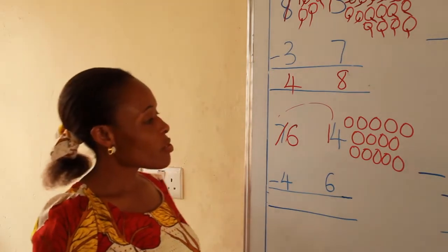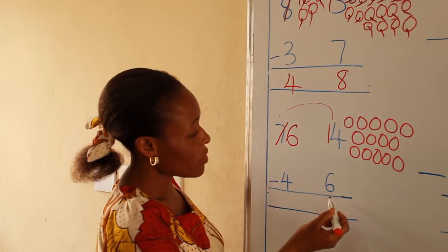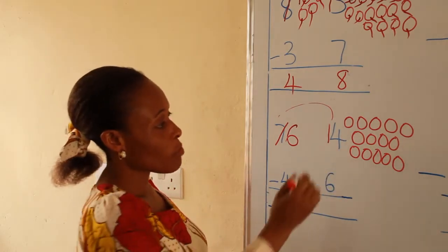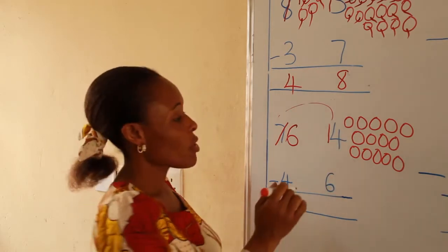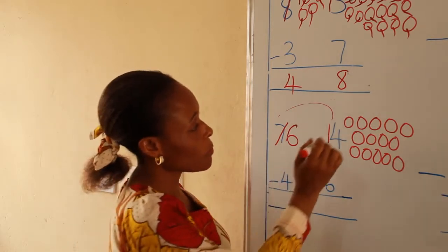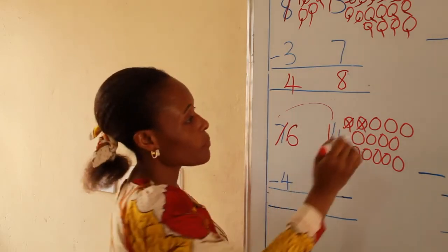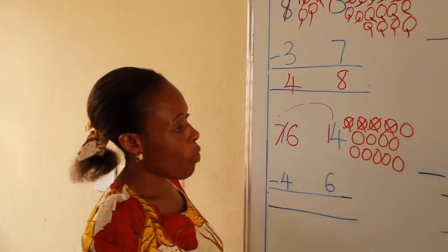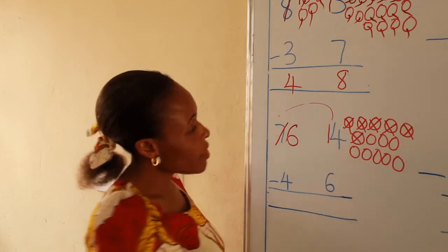Good children. So children, what do we do next? We are going to subtract number 6 from number 14. Let's subtract number 6 from number 14 by crossing it out. Alright, we are good to go. 1, 2, 3, 4, 5, and 6.